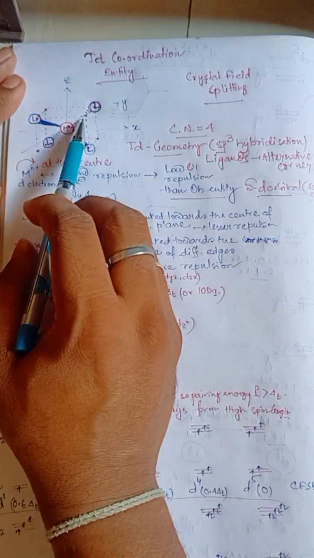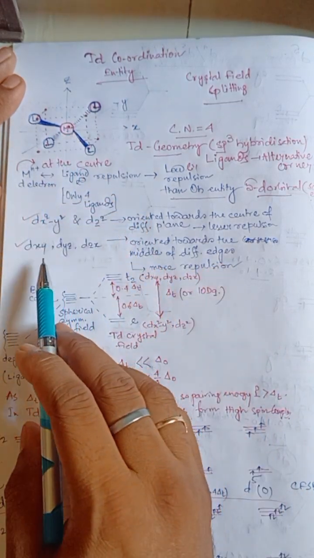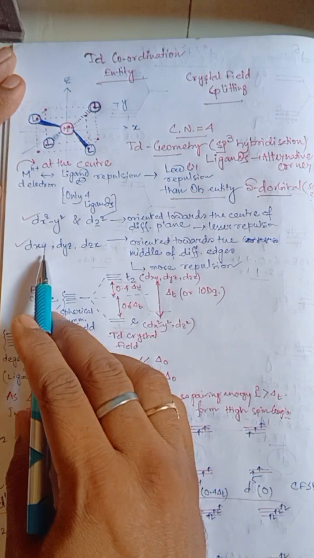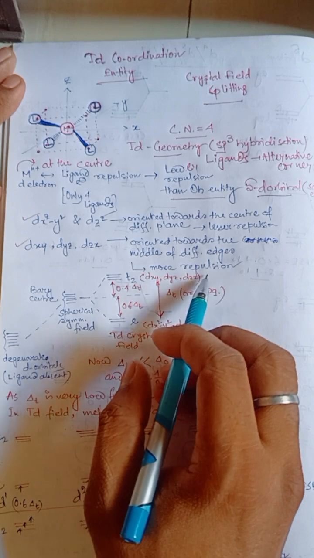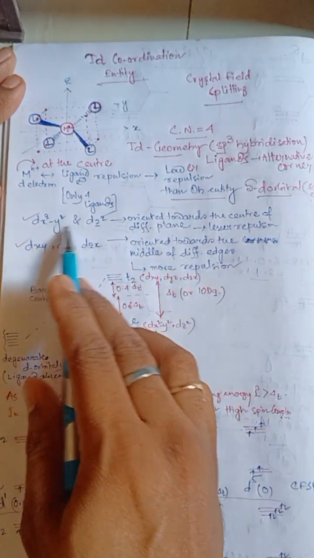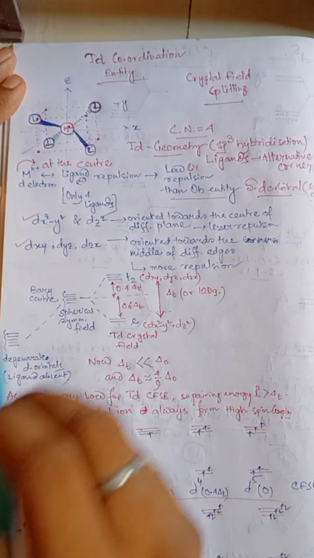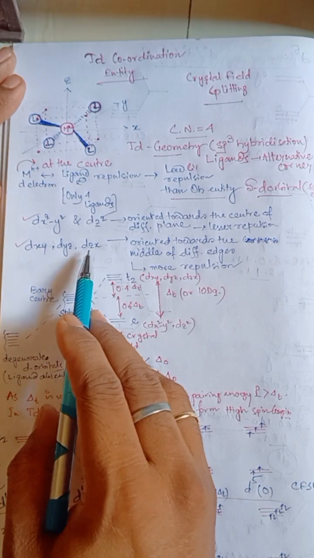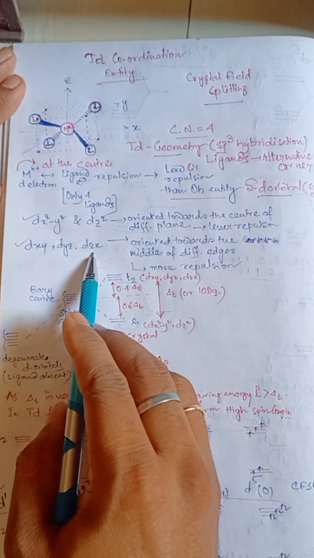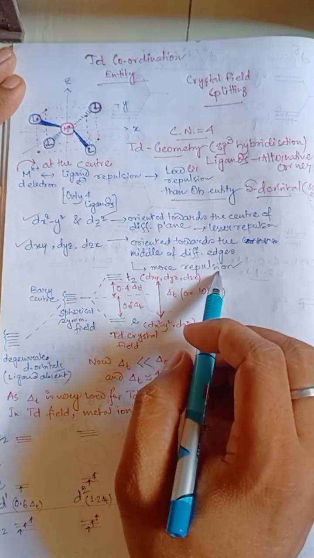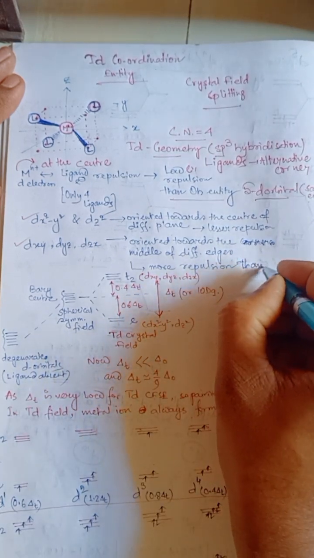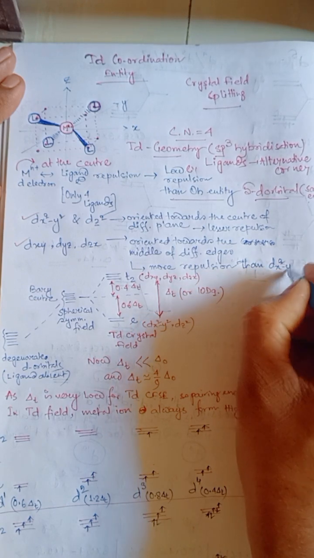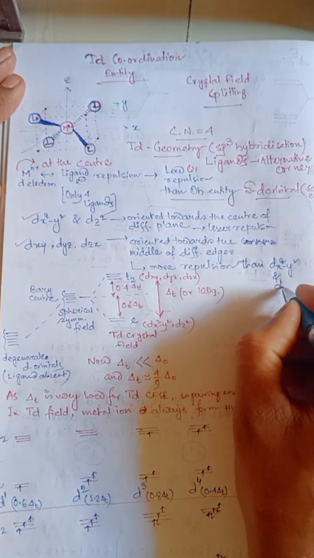We already have discussed this, and so these 3 orbitals feel much more repulsion than the other 2. So dxy, dyz and dzx feel more repulsion than dx square minus y square and dz square.